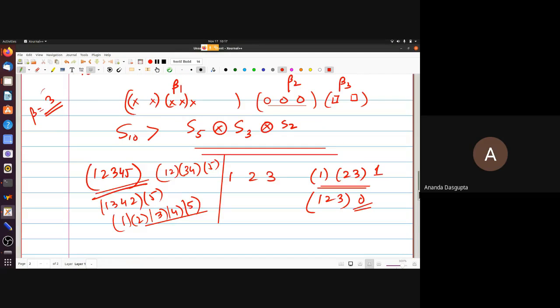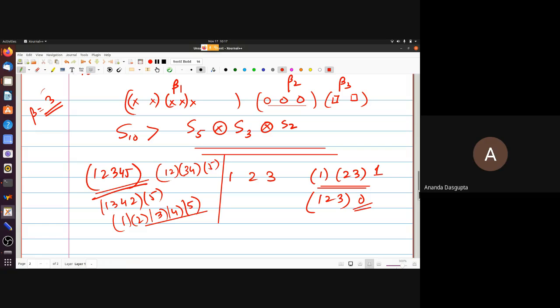So the point I'm trying to make is, if a class that you're looking at for S10 has 3 2 cycles, and if the element corresponding to that class also belongs to H, then the 3 2 cycles have to come from somewhere. Where will they come from?